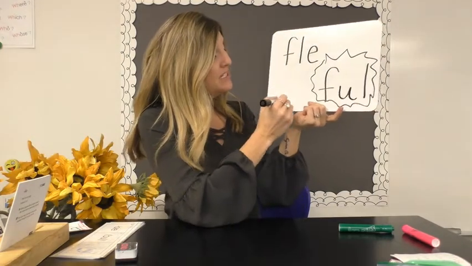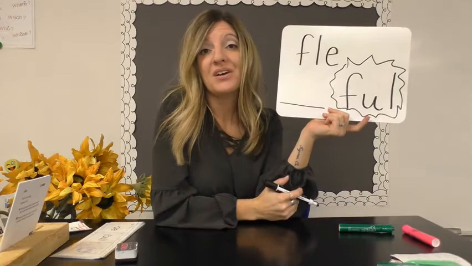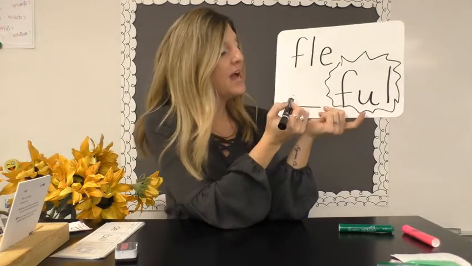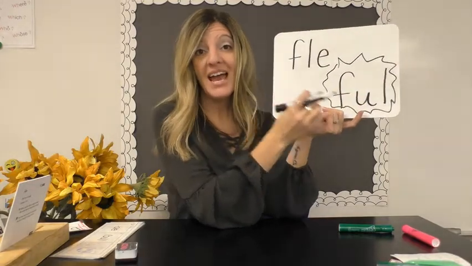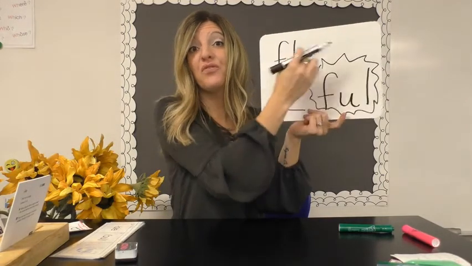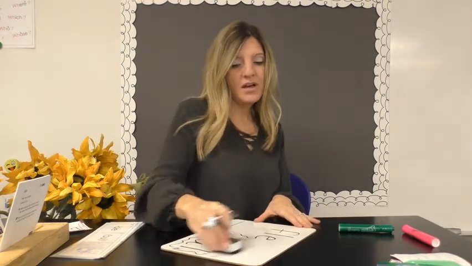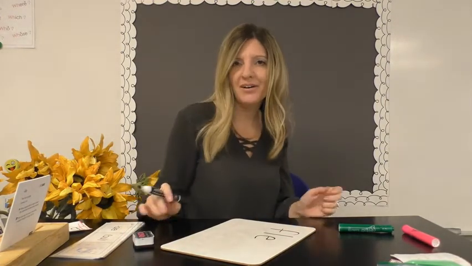So the difference is if you use the suffix full, you have to have a base word here that makes sense all by itself and that can be something is full of that. So in the word shuffle, my base sh is not a real word, and I'm not full of sh, right?